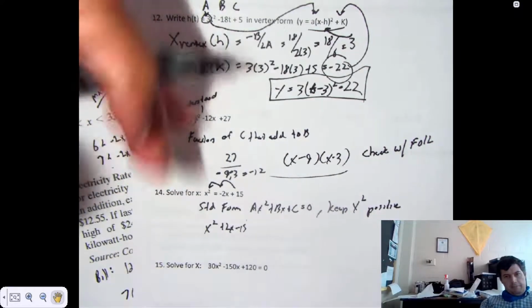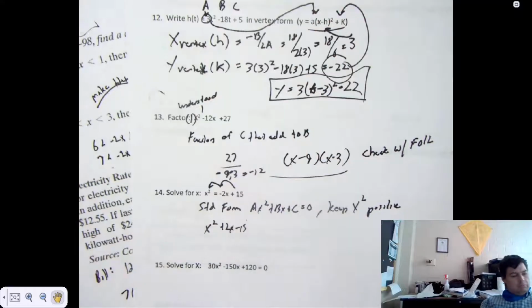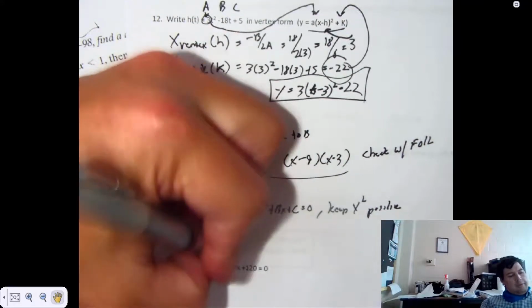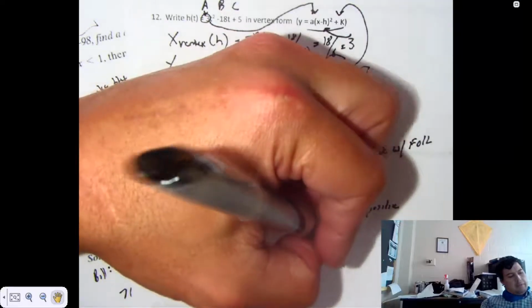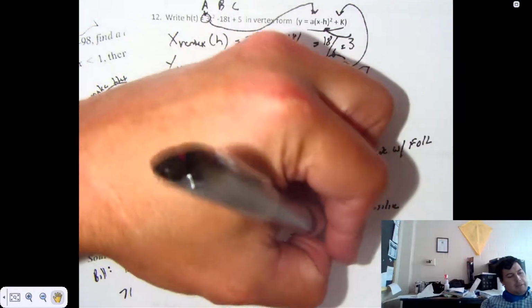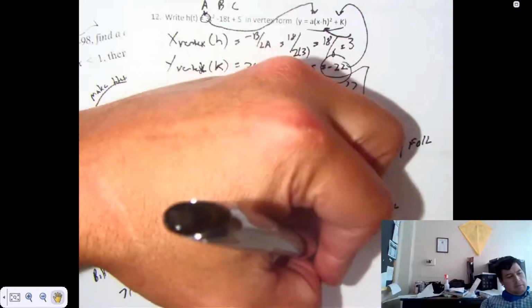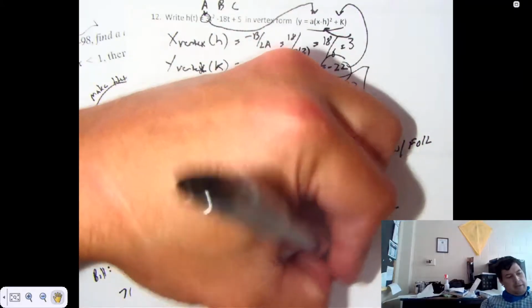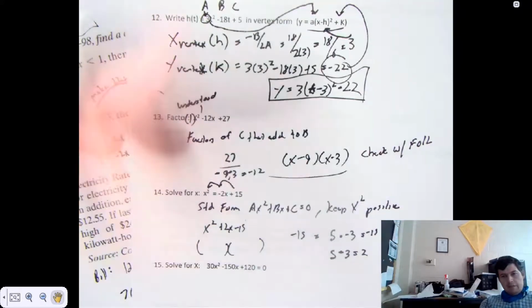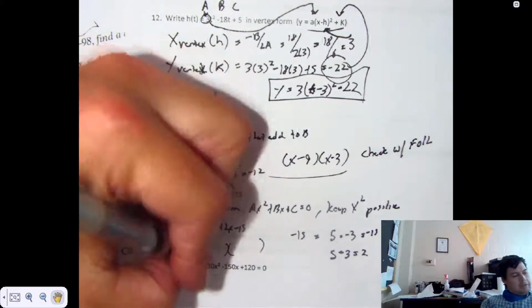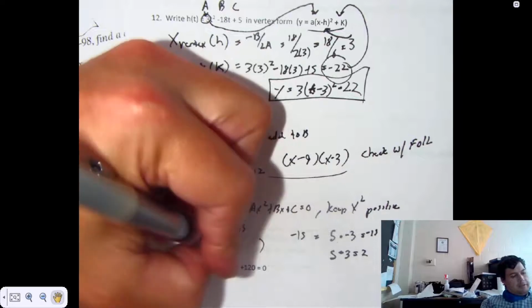It's a really easy one. So, factors of 15 that get you to 2. Negative 15 is a positive 5 times a negative 3. That's your negative 15. Positive 5 minus 3 happens to be 2. It satisfies both requirements. So we have x plus 5 and we have x minus 3.